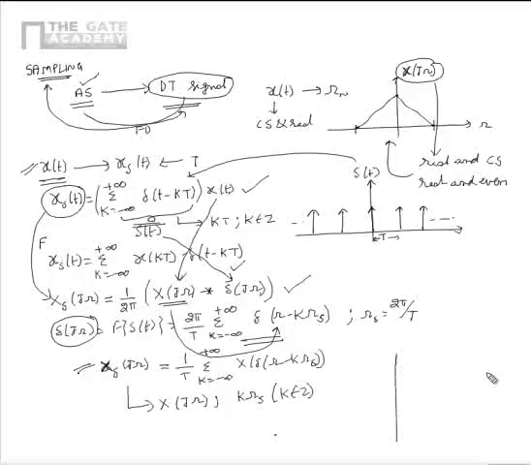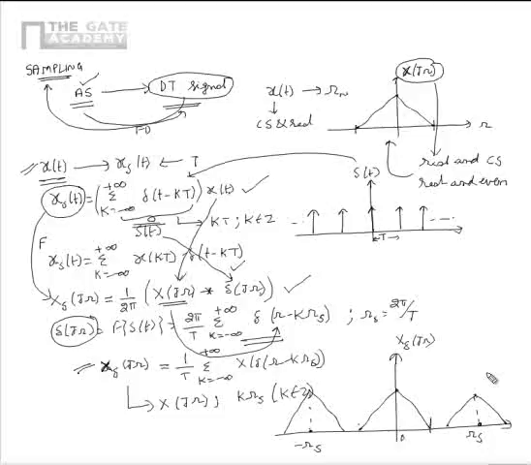From this, xs of j omega can be drawn as shown. Centered at 0, there is a x of j omega. Then centered at omega s, there is another x of j omega. Similarly, centered at minus omega s, there is another x of j omega.